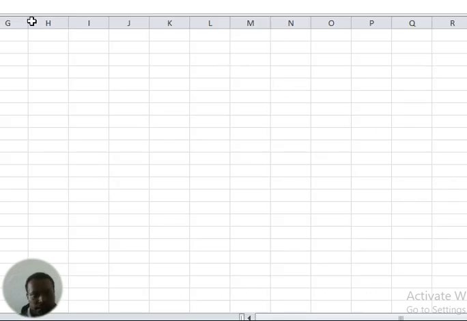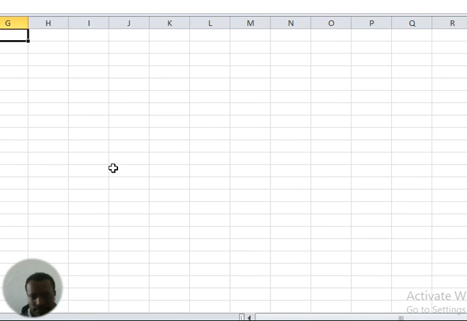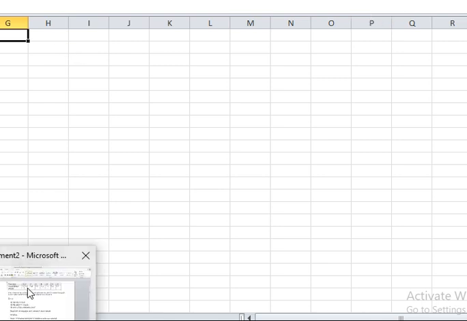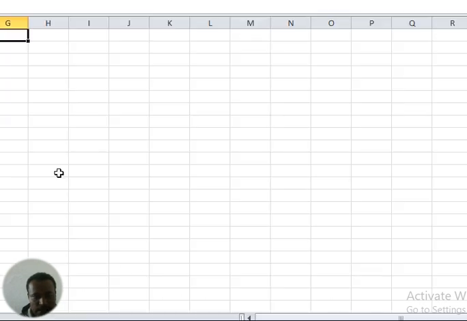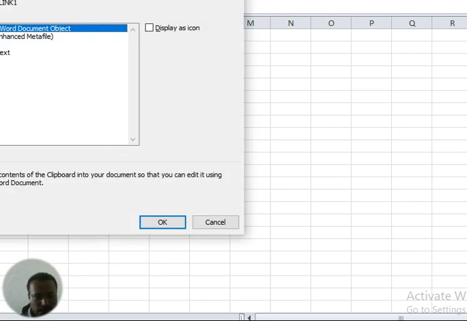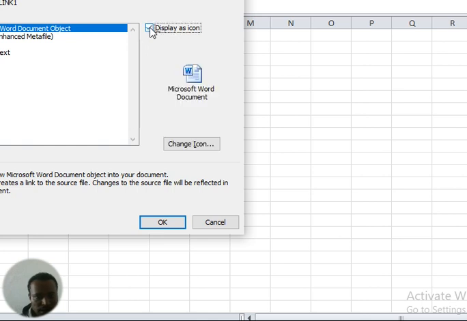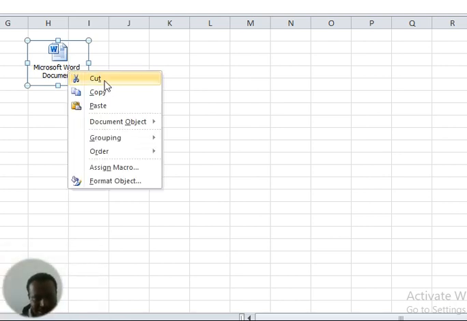Now in this Microsoft Excel, first we should copy this table to Microsoft Excel. Right click, paste special, transpose.